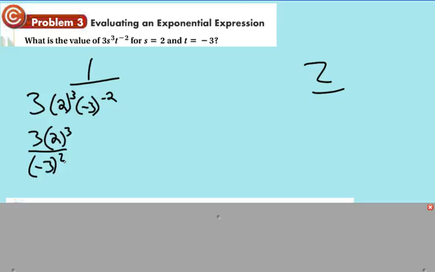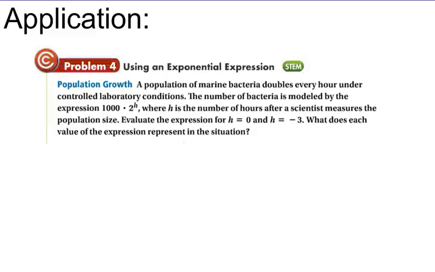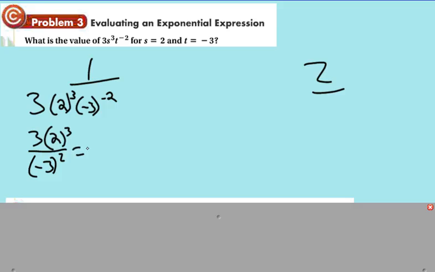To make that positive, I have to put it on the opposite spot. So simplifying, it'd be 3 times 2 cubed is 8, over negative 3 times negative 3 is 9, and that would be 24 ninths. I'm going to leave it as that. You can make it into a mixed number or decimal, but I'm okay with that.